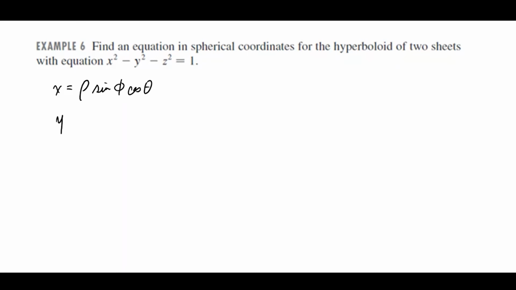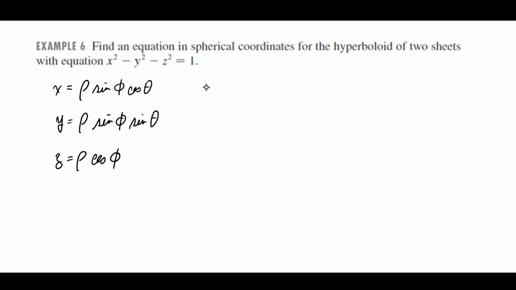And y is equal to rho sine phi sine theta, and z is equal to rho cosine phi. And that's it, right? It's just a brute force substitution and simplification. Okay, it's not pretty. It's not designed to be pretty.